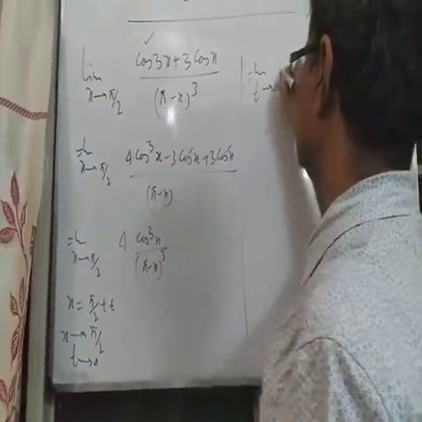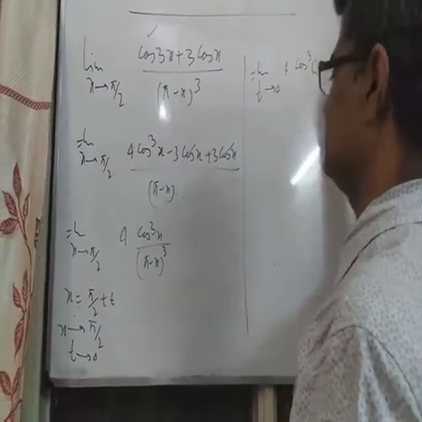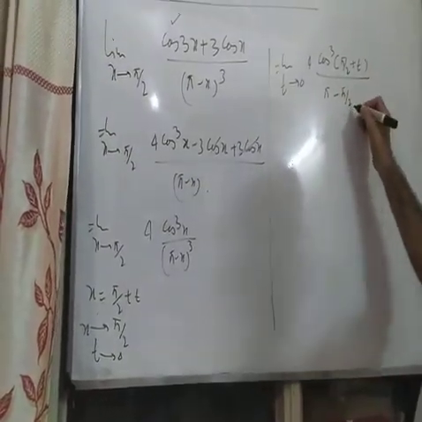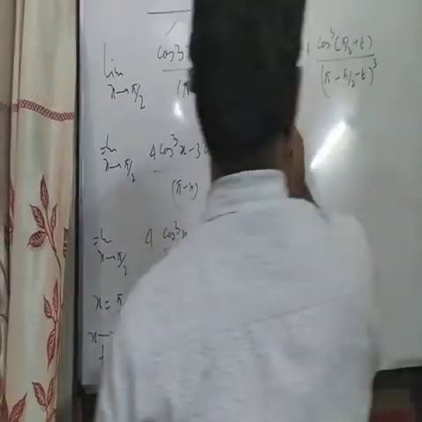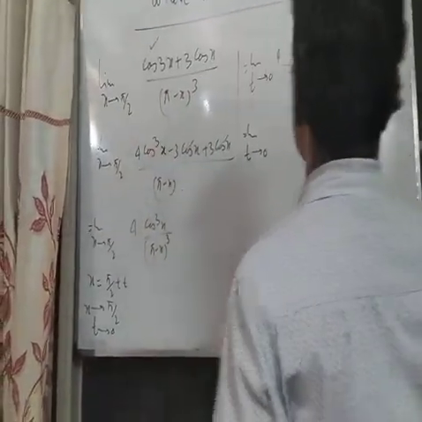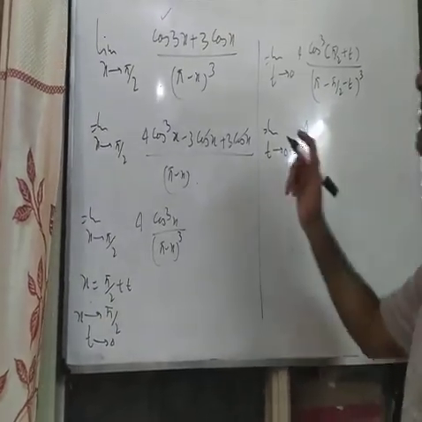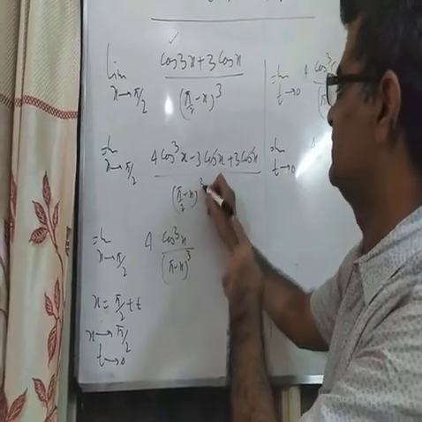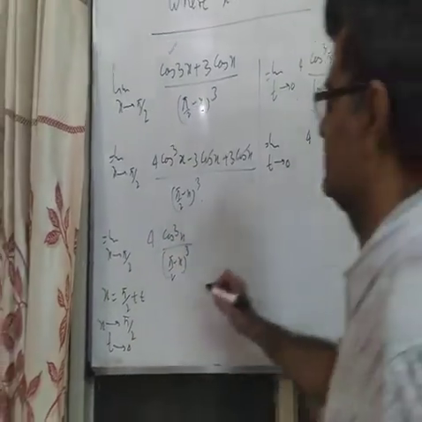Limit t tends to 0, 4 cos cube of (pi by 2 plus t) upon (pi minus 2(pi by 2 plus t)) whole cube, which is minus 2t whole cube. So we can see that t tends to 0. There is some mistake here, it was pi by 2.